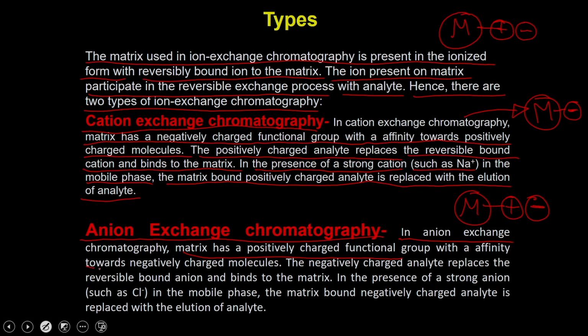So, it has affinity towards negatively charged molecules. The negatively charged analyte replaces the reversibly bound anion and binds to the matrix. In the presence of a strong anion, for example chloride, in the mobile phase, the matrix bound negatively charged analyte is replaced, and that is how the analyte is eluted from the matrix.